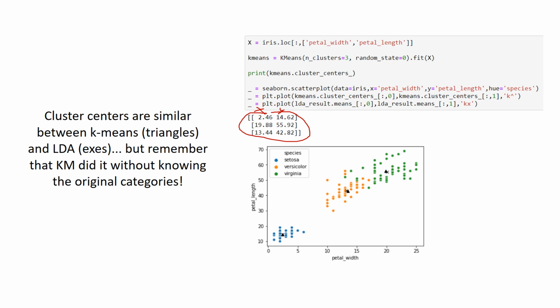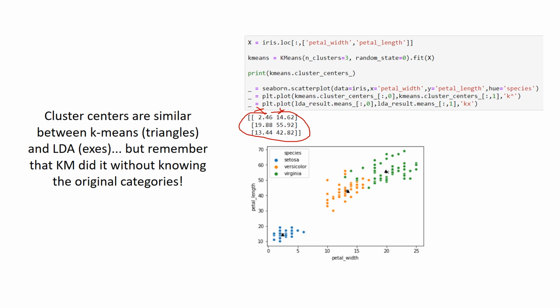And we can see that, actually, we're printing out the k-means here in triangles. We have a previous run of our LDA that we can compare to. So those are the black X's, and sure enough, the triangles are what we guessed when we didn't know what the categories were, and the X's are the class centers that we had when we did know what they were.